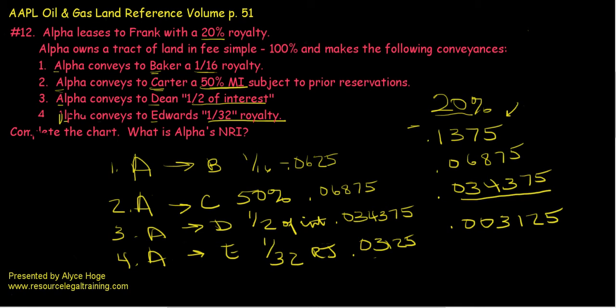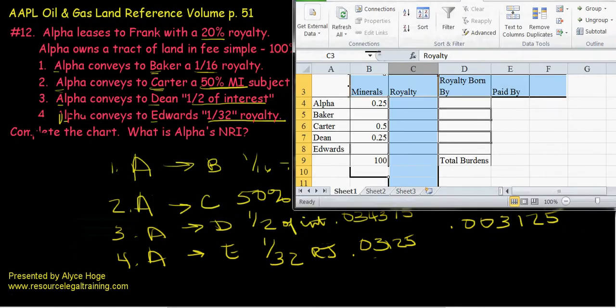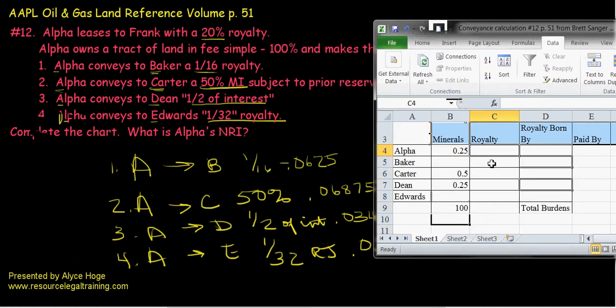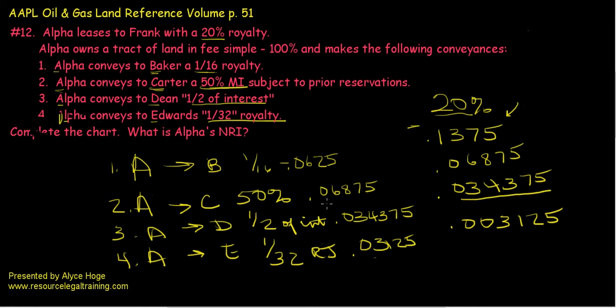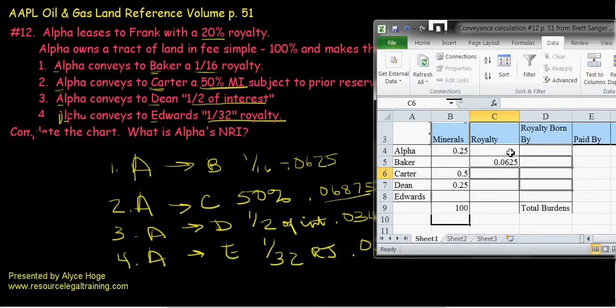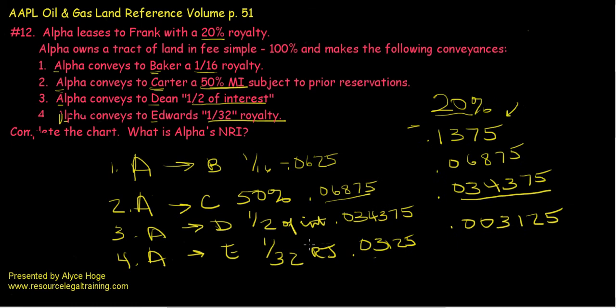So if we're going to fill out the royalty section, that's going to look like this. B is going to have a 0.0625. Then C is going to have a 0.06875. Then we're going to look at D, and D's interest is going to be 0.034375.